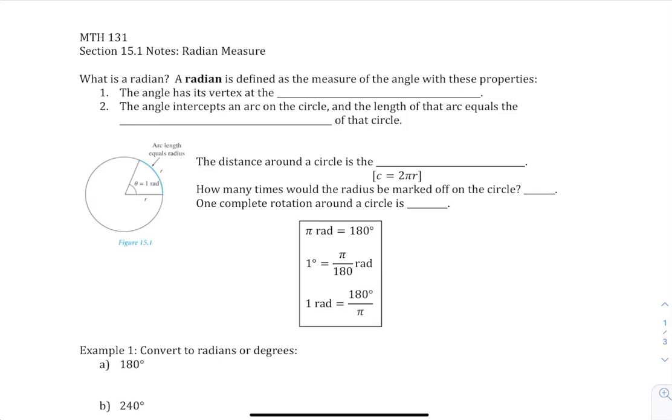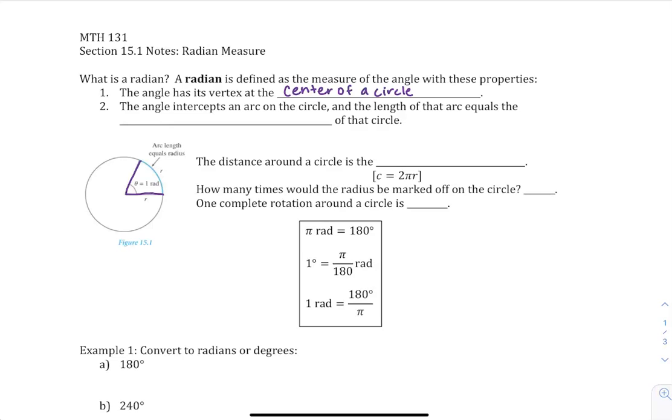Well, first we're going to have to define this as being the measure of the angle that has a particular set of properties. So the first thing is that we're talking about an angle that has a vertex at the center of a circle. Then, if we were to look at the angle and the arc that it intercepts, so you can see here we have this angle in the center of the circle, and I'm talking about this blue arc, the arc that is intercepted by that angle.